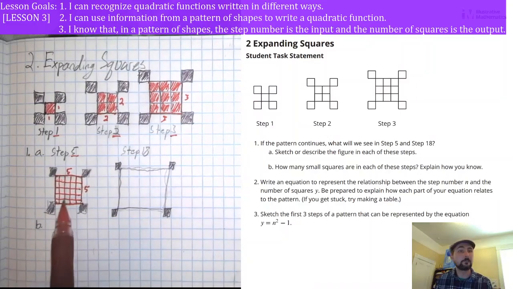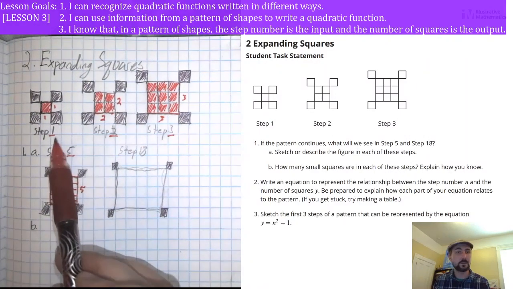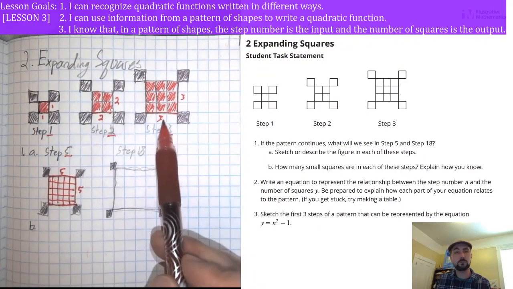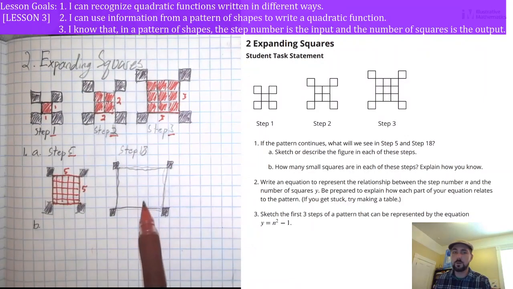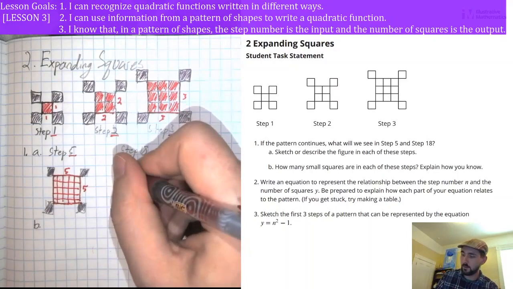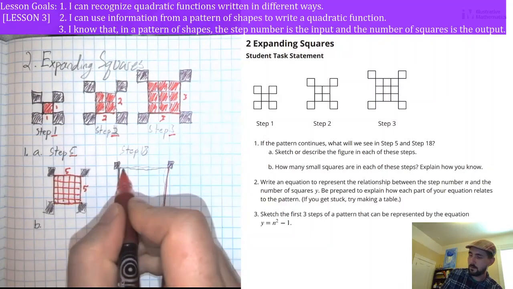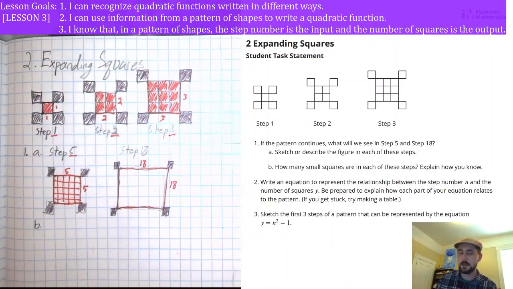Maybe something like that. Seem reasonable? Does it fit with the pattern here? Step 1, 1 by 1, step 2, 2 by 2, step 3, 3 by 3, step 5, maybe there's a 5 by 5 here. Which means, step 18, this is probably going to be a big square that is 18 across and 18 down.